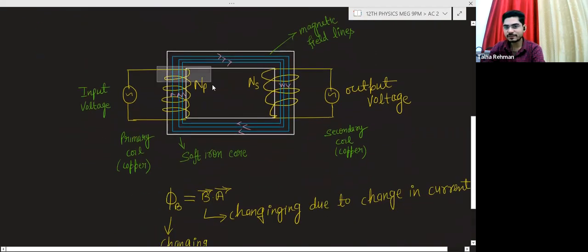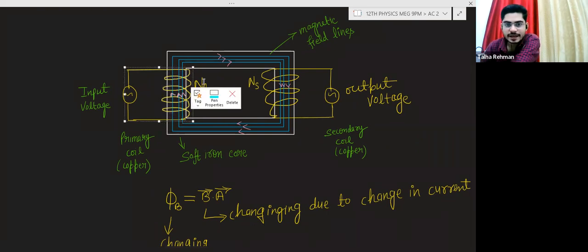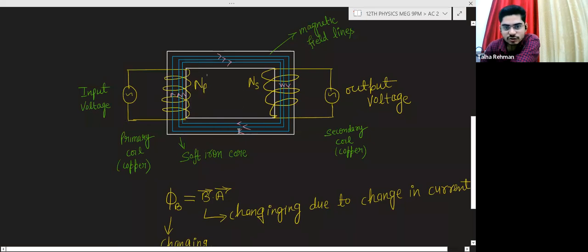If the magnetic field is changing, so you can see here what is happening. See the whole phenomenon, what is happening here. These are the magnetic field lines due to this coil. As this is a soft iron core, this soft iron core will try to give these magnetic field lines to this coil.